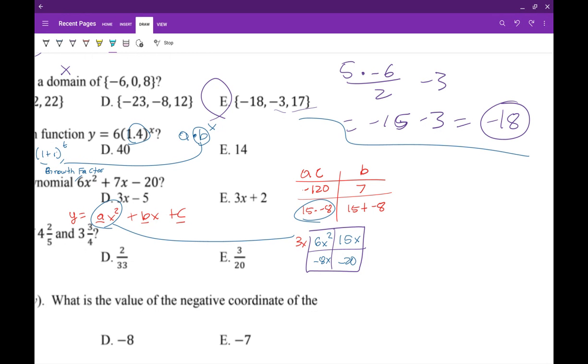Even before you look at the greatest common factor, what you should look at is that 3x times whatever goes there is going to equal 6x squared. So we're trying to find what equals 6x squared when you multiply by 3x, and that's going to be 2x.